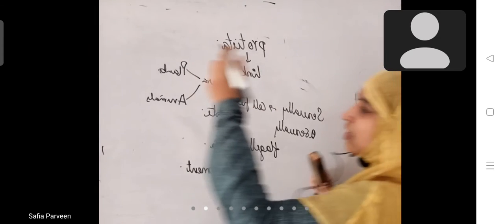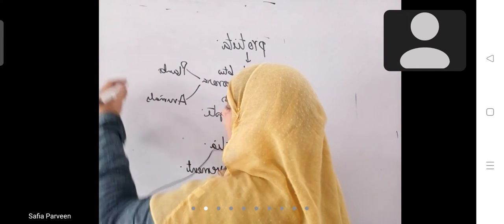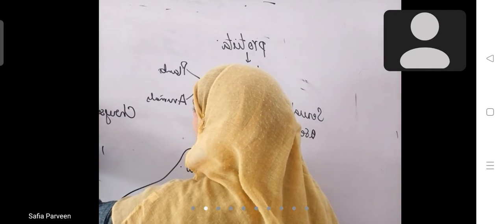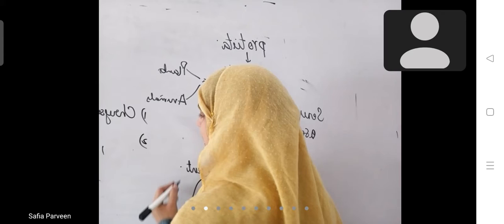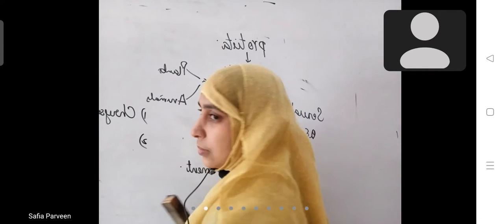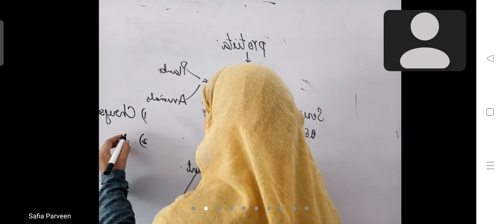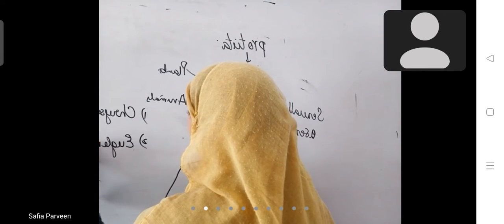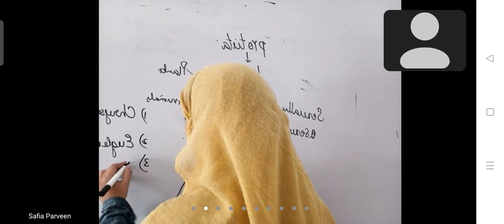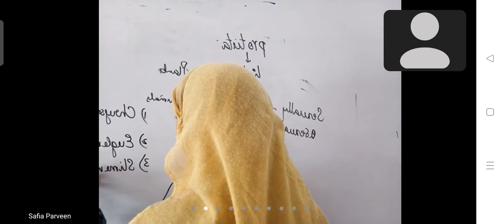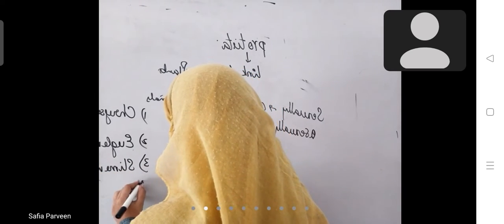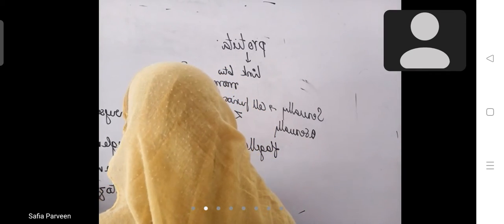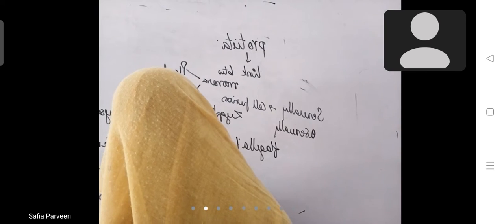Among this, they are divided into four categories: chrysophytes first, Euglenoids second, slime molds third, fourth one is protozoans, and one more is there, dinoflagellates.